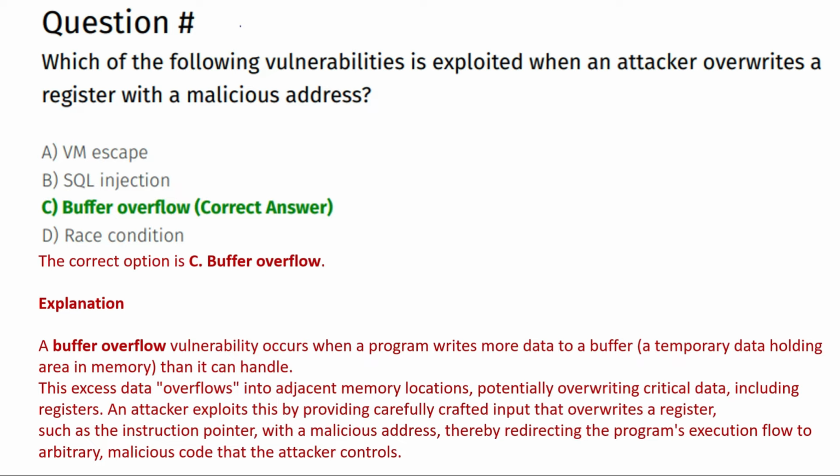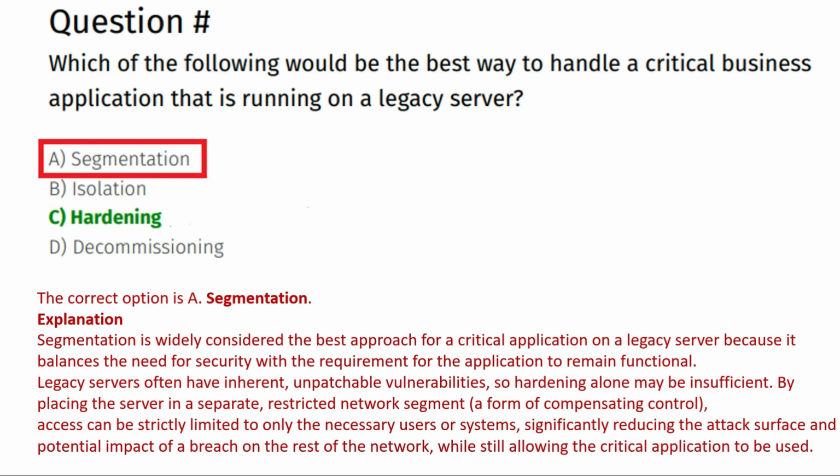An attacker exploits this by providing carefully crafted input that overwrites a register, such as the instruction pointer, with a malicious address, thereby redirecting the program's execution flow to arbitrary malicious code that the attacker controls. So that's why the correct answer for this question is option C, buffer overflow. So let's move to the next question.